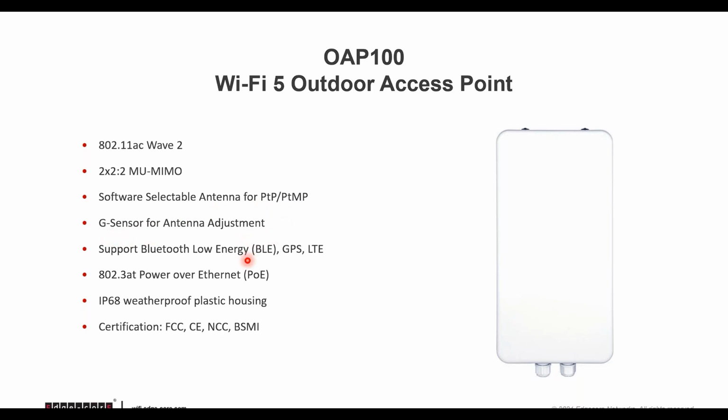It has Bluetooth and also GPS and LTE. LTE means that you can use the wired Ethernet port as the backup, or you can use LTE as the major internet connection for the one port. Powered by 802.3at, and the waterproof rating is IP68.